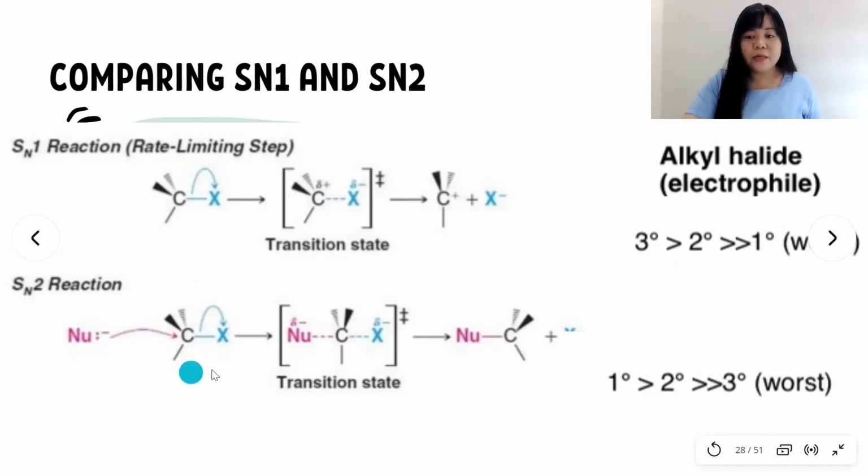Therefore, a methyl alkyl halide or a primary or a secondary would fare much better than the crowded tertiary alkyl halides, which would leave no space for attack by the nucleophile. Therefore, for tertiary alkyl halides, an SN1 reaction would most likely occur, whereas for primary alkyl halides, SN2 reactions are more likely to occur.